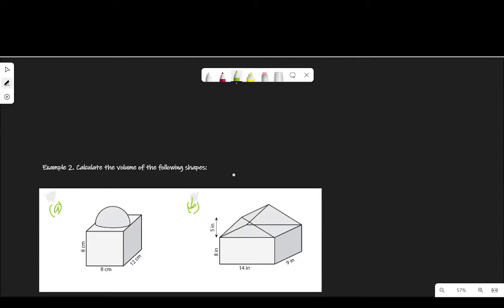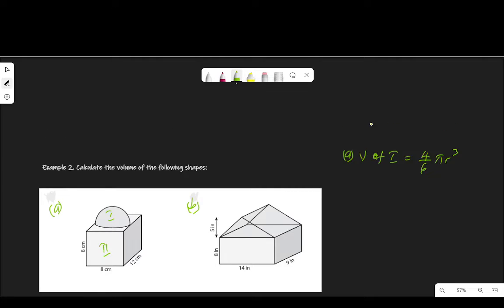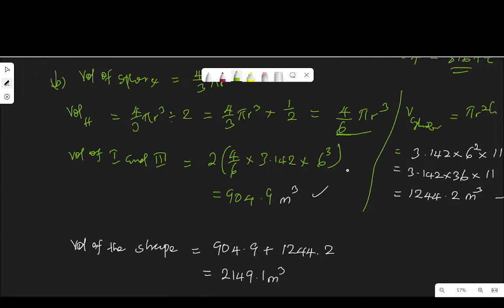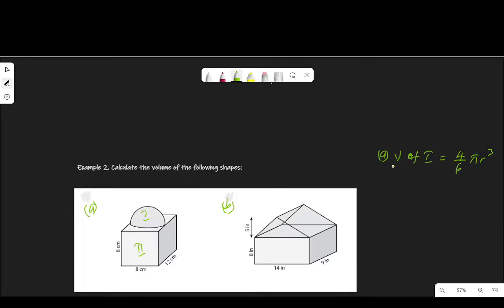The volume of this hemisphere, let me call it 1 and let me call this 2. The volume of 1, which is a hemisphere, V of 1 is 4/6 pi r cubed. As we earlier established, this is volume of a hemisphere. Hemisphere is half of a sphere. So when you divide the volume of a sphere by 2, you get the volume of a hemisphere.